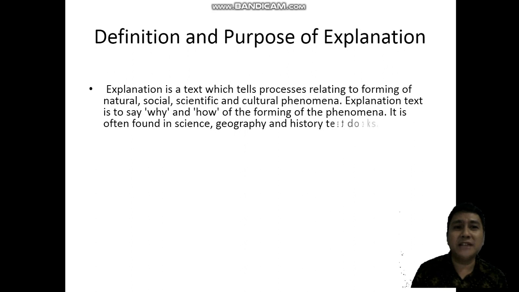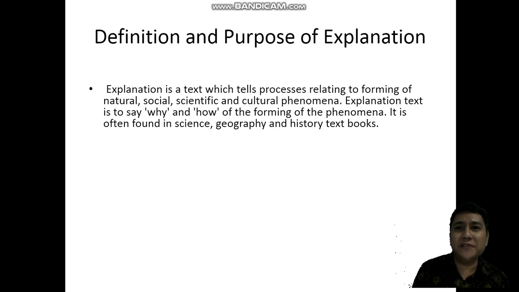An explanation text is to say why and how the forming of the phenomena. It is often found in science, geography, and history textbooks. So if you have scientific books, take for example how a tidal wave, how a tsunami happens. This is another example of explanation text.